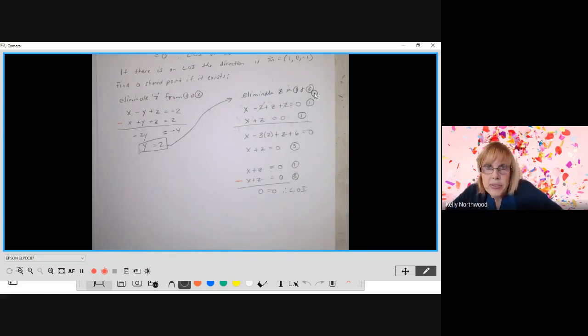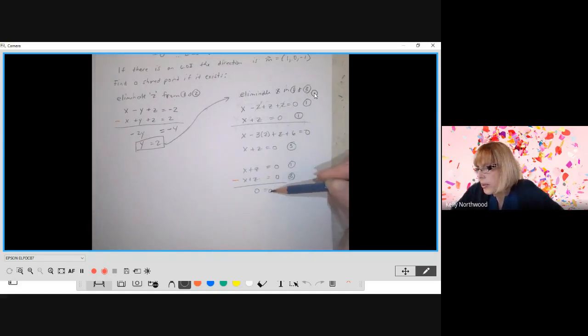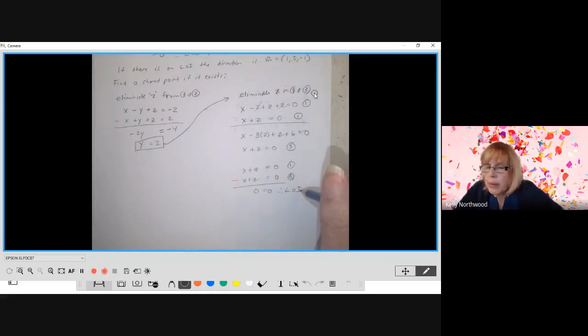So now it's safe to let x equal 0 or let z equal 0 and solve for the other of the two, because we now know there's a line of intersection. If we tried this and got 0 equals 1 or 0 equals 4 or 0 equals 17, we would know there was no intersection and we would be done the question at this point.